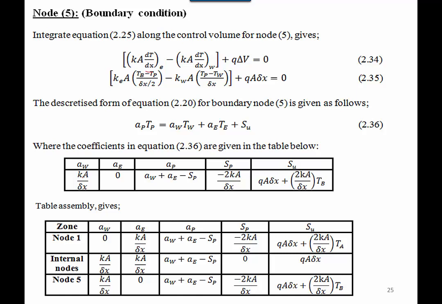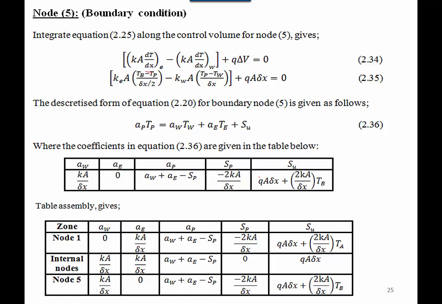And the source term, as written here, will have TB instead of TA, and SP the same as before. So if we assemble the three tables here, we will have the general assembly table, which is for 3 zones, and all the parameters here are written as variables.